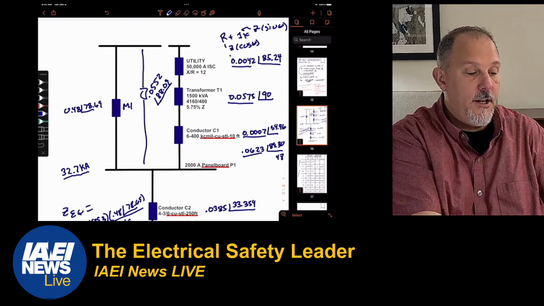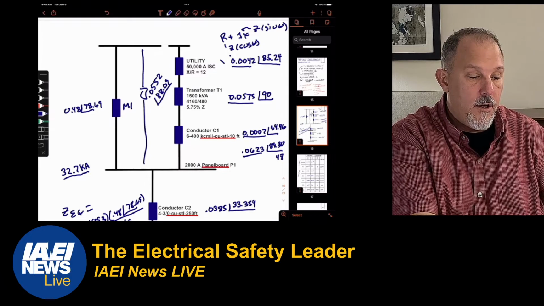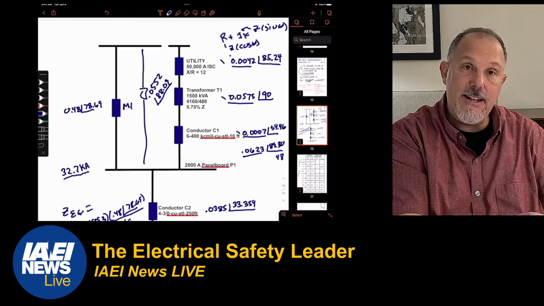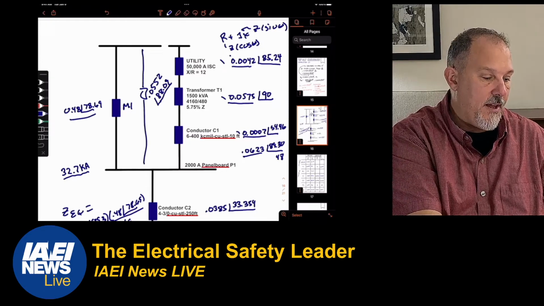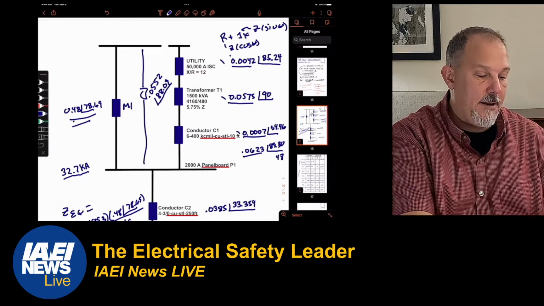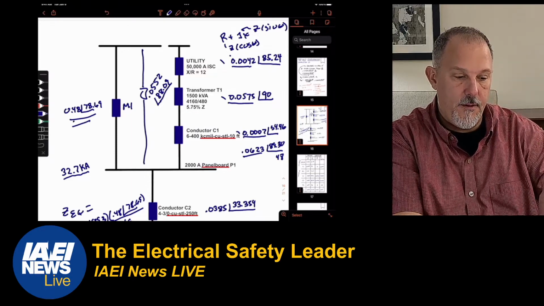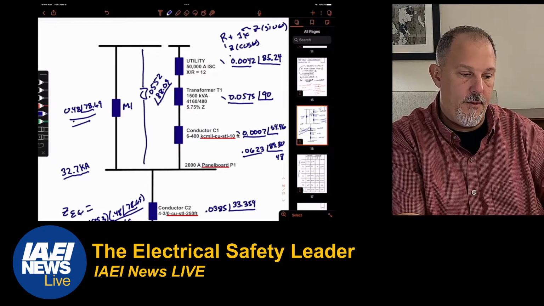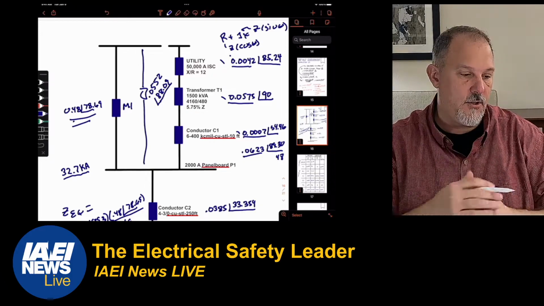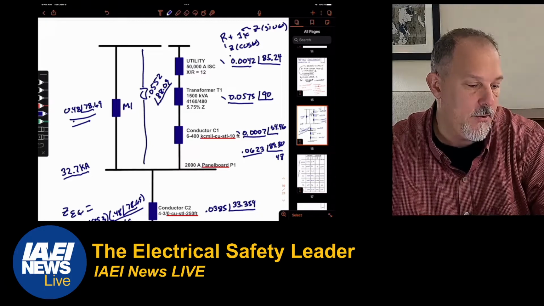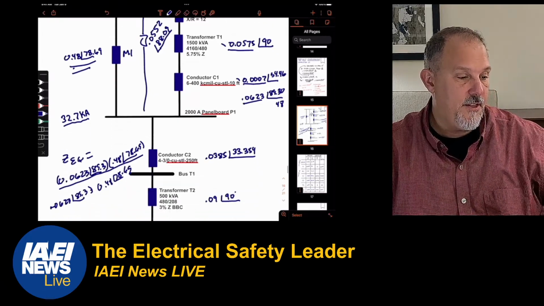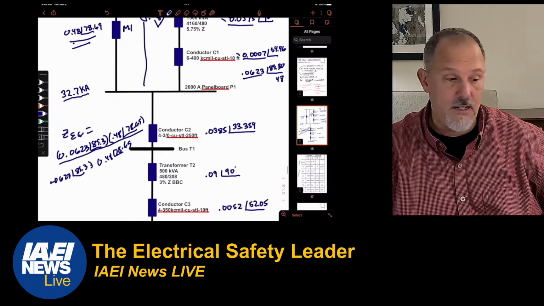I added the utility with this. I took that sum, multiplied it by that, and then added that motor with the utility, transformer 1 and conductor 1 impedances, divided those two, and I get 0.0552 at 88.09. So that is that resistance value or impedance value.